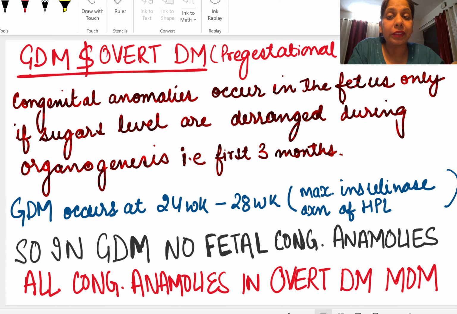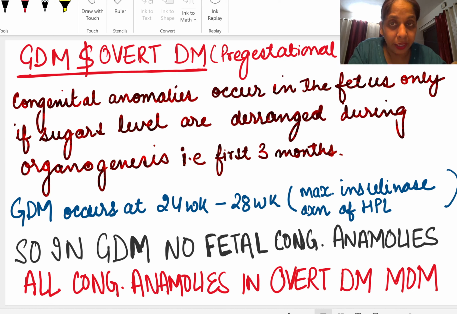So what is the difference? The diabetes which is pre-existing before the pregnancy is known as overt diabetes mellitus. And what is gestational diabetes mellitus?